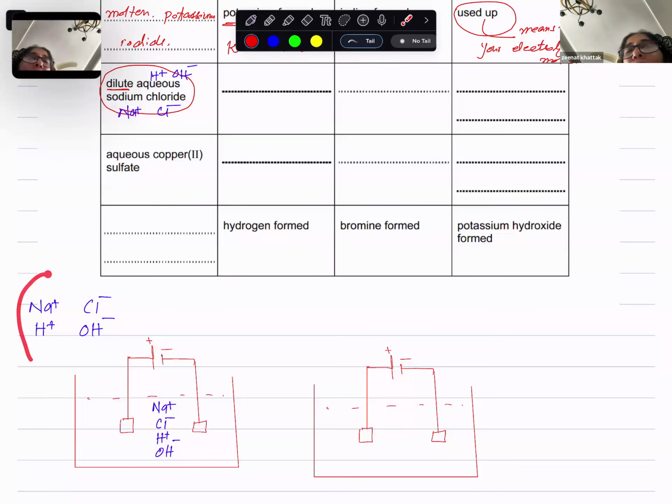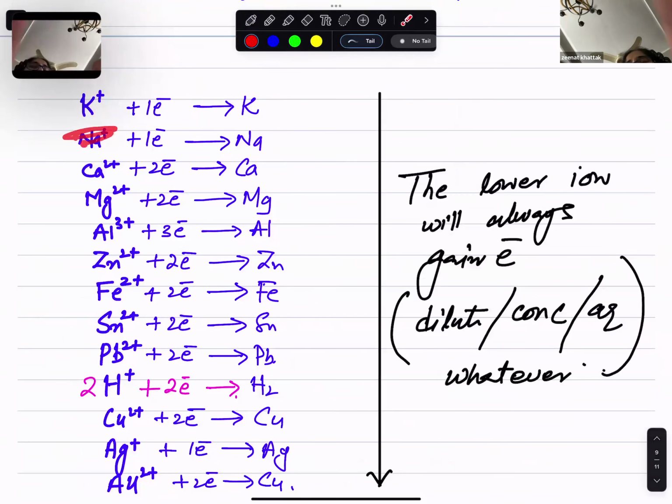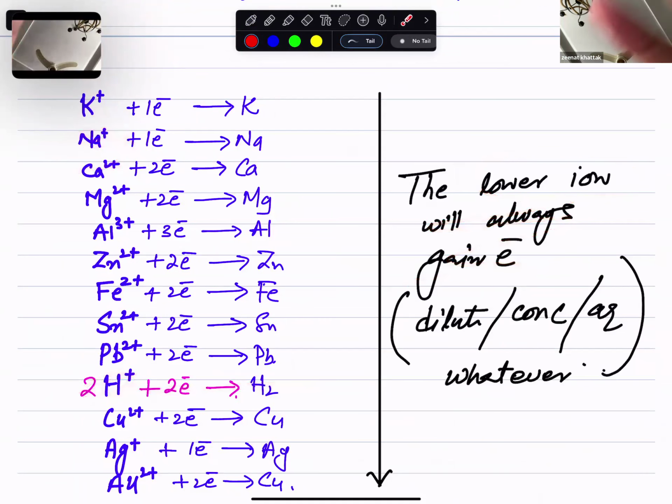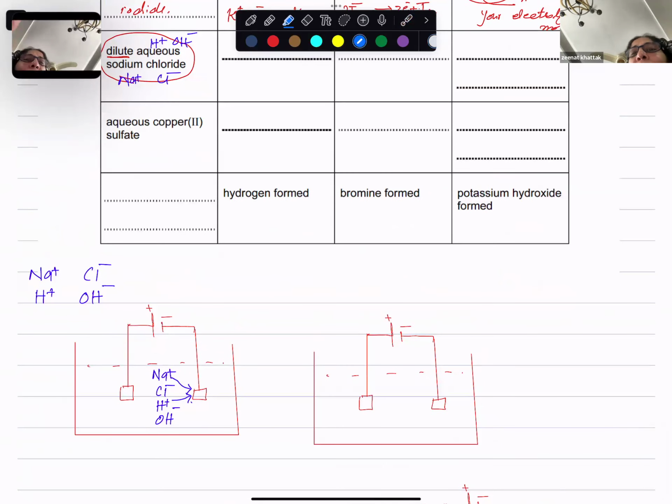Now, among Na plus and H plus, both will go to the cathode, but only one will gain electrons. Which one? Among Na plus and H plus, the lower ion in the reactivity series will always gain. Hydrogen is lower, so it is H plus.